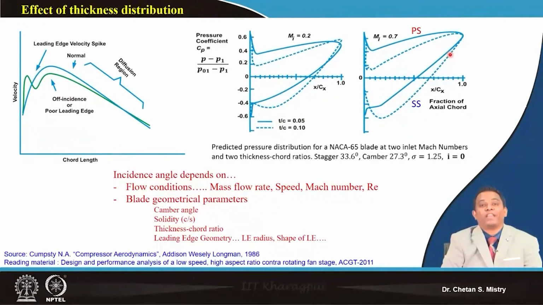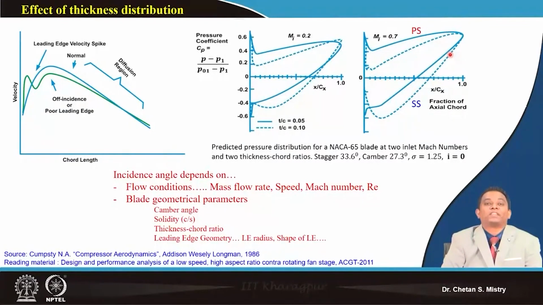So we can understand that when we change our thickness distribution, my leading edge shape and trailing edge shape will change accordingly. It may be possible that my leading edge will become very thin, as when comparing towards transonic kind of aerofoils or NACA 65 kind of aerofoils.